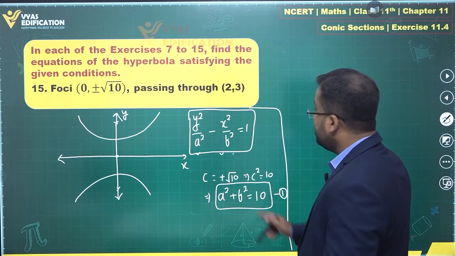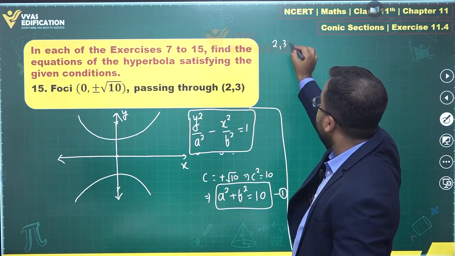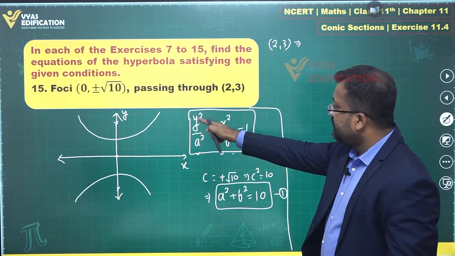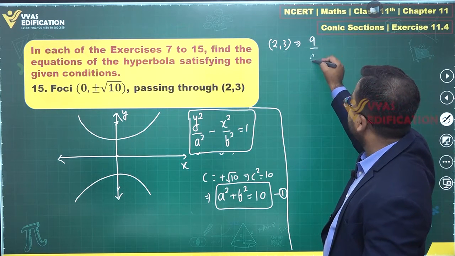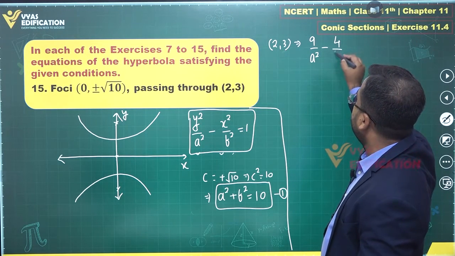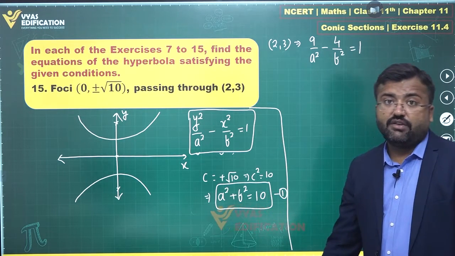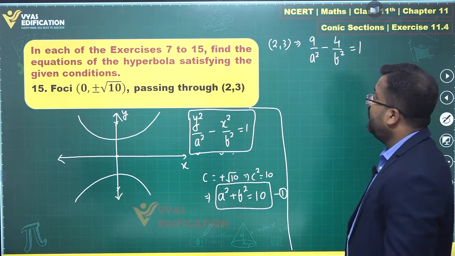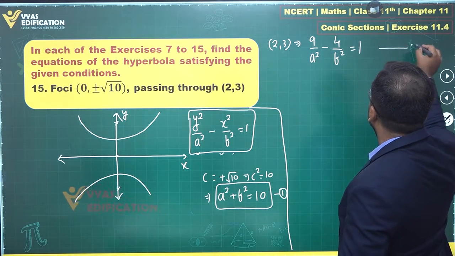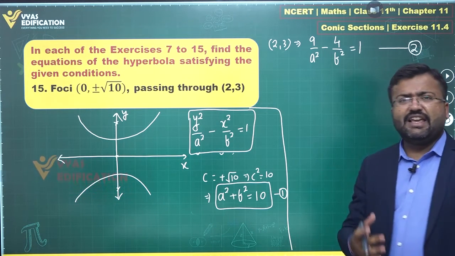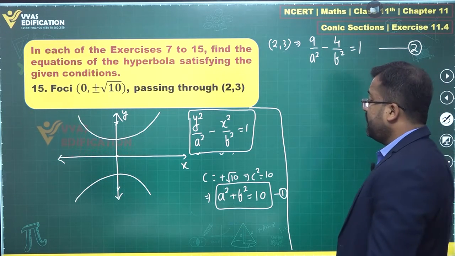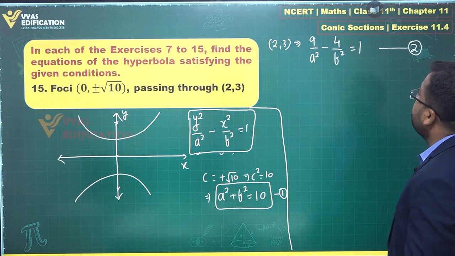The other condition is using that point 2, 3, which tells me 9 upon a square minus 4 upon b square is equal to 1. This is one equation. This is the other equation that we have for this question. And we have two equations. Can we solve the two equations to find a square and b square? Yes, we can.